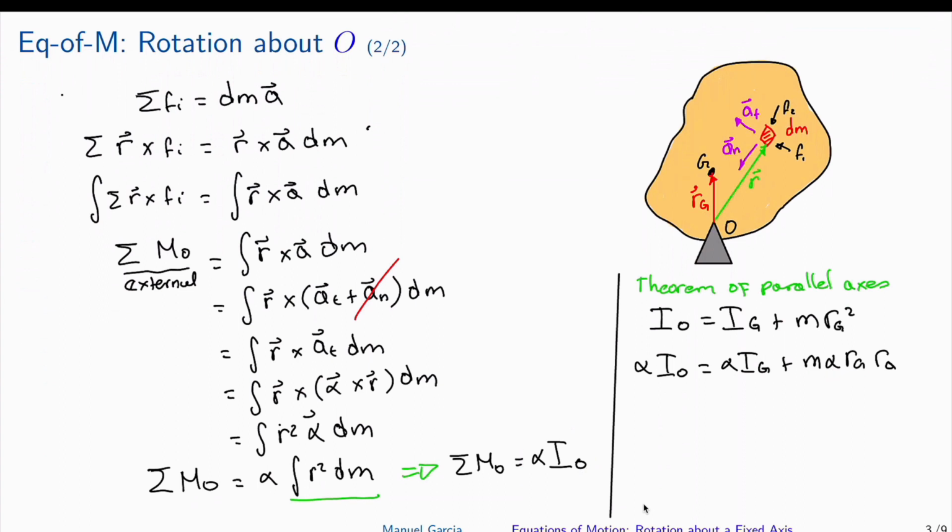So we can rewrite this as alpha multiplied by the moment of inertia with respect to O is equal to alpha times the moment of inertia with respect to g plus the mass multiplied by the tangential acceleration of the center of mass multiplied by rg.